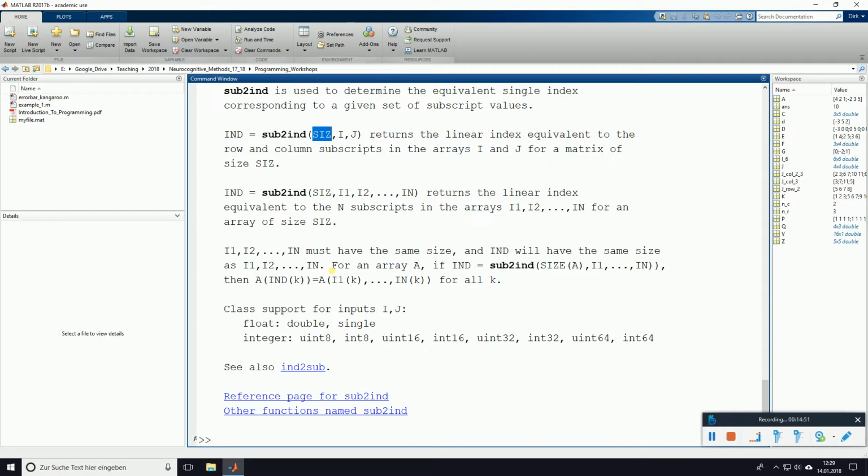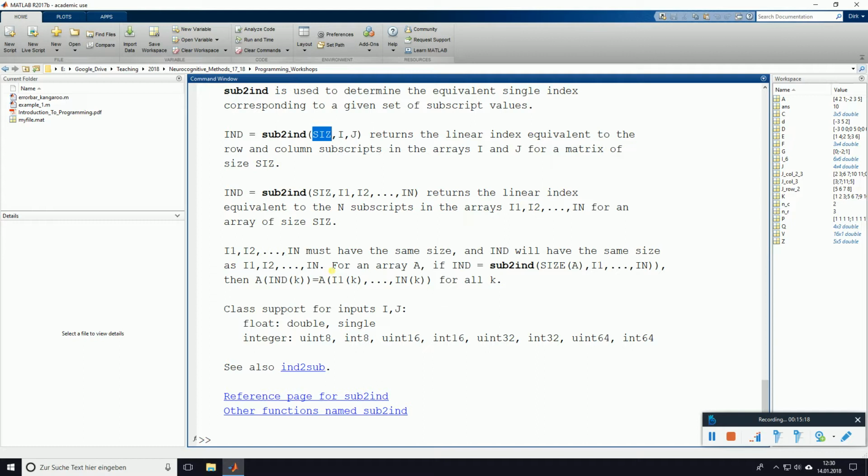Good. So this was so far essentially constructing matrices and indexing matrices. As for vectors, one can of course compute with matrices, and the fundamental element-wise operations are defined as for vectors. Let's briefly look at them.